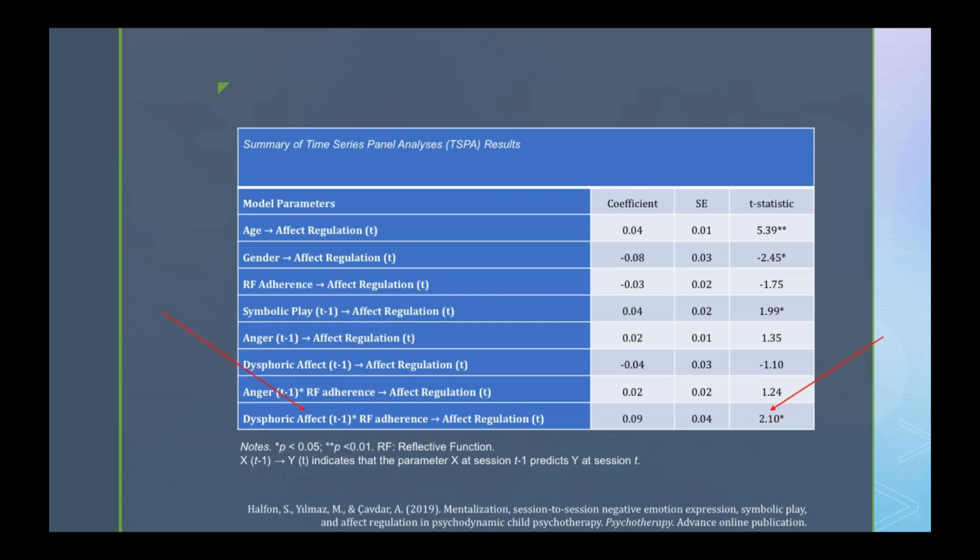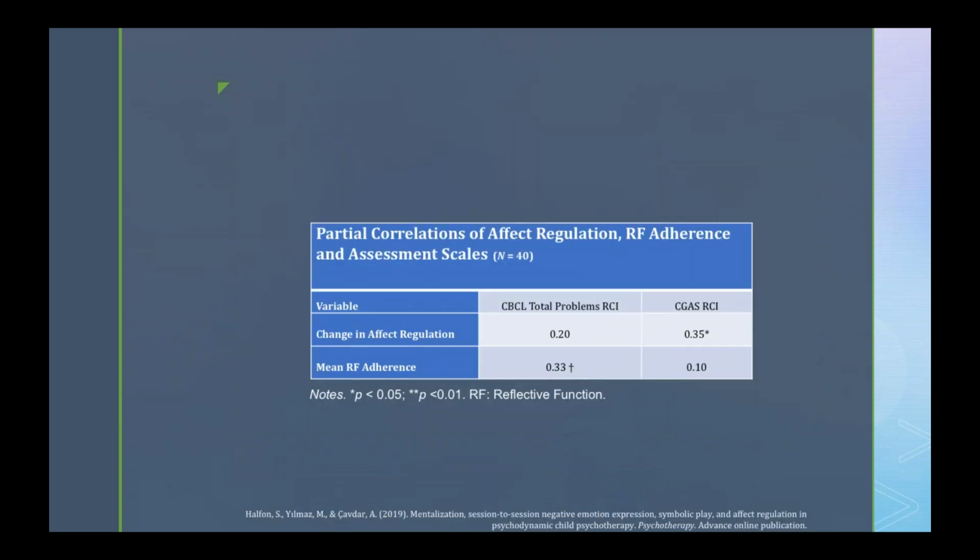We also looked at associations between changes in affect regulation and outcome. And we found that actually children's changes in affect regulation was associated with reliable change on children's Global Assessment Scale, which is the child equivalent of GAF scores in adult treatment.